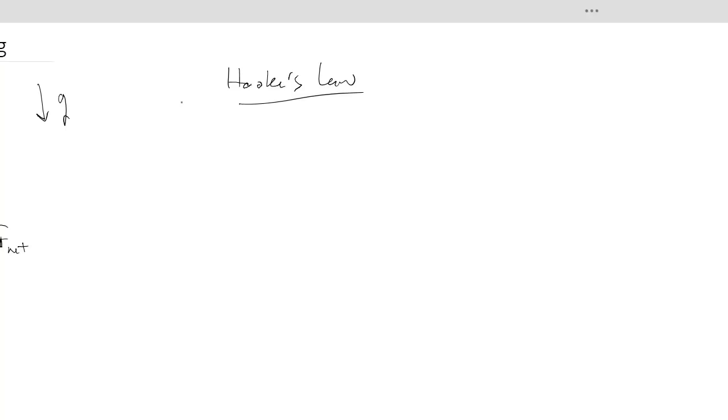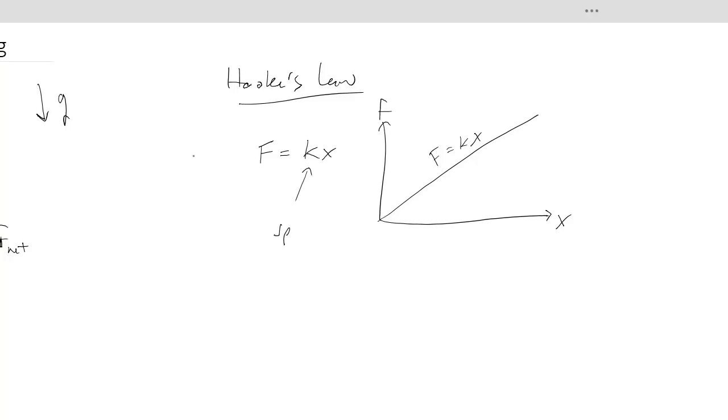Hooke's law stated that the magnitude of the force with which a spring would pull or push is dependent upon how far the spring is compressed or stretched. And the slope of that was some k, and we can call this the spring constant.